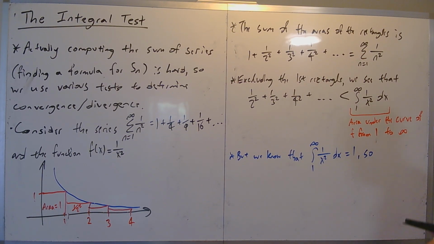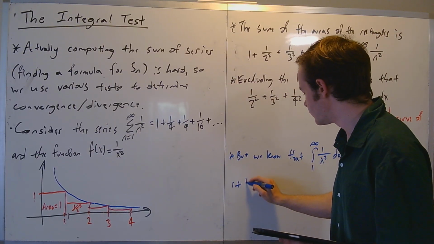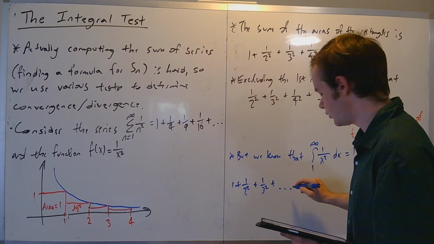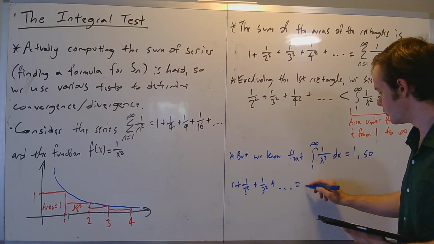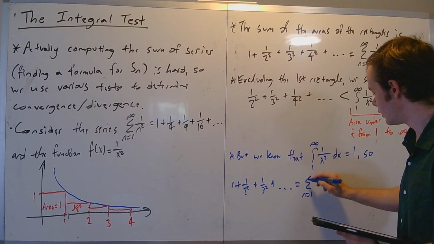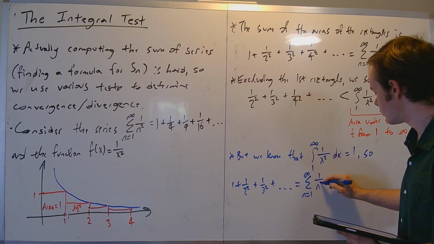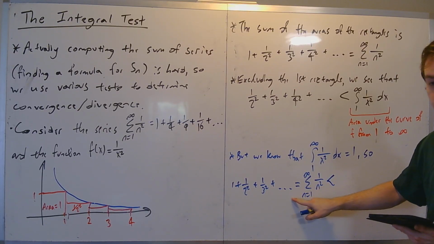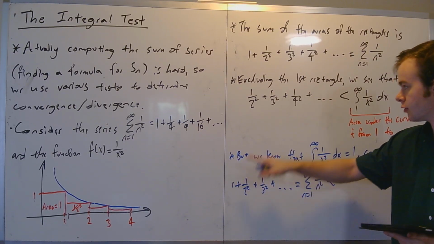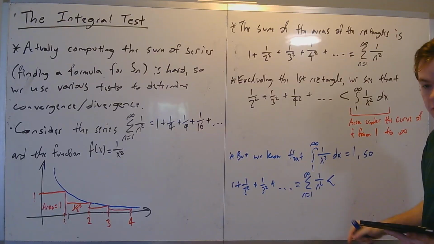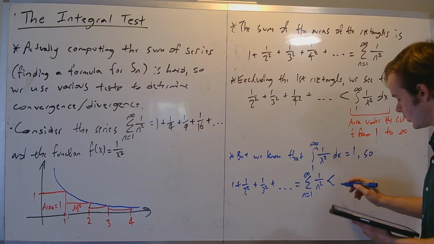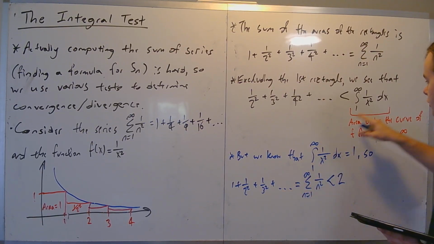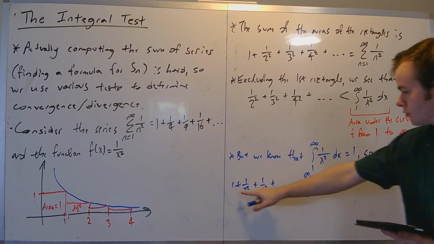So if we add together 1 plus 1 over 2 squared plus 1 over 3 squared plus and so on, then this is the sum that we were looking for from n equals 1 to infinity of 1 over n squared. We know that this part of the sum is less than the integral, which is 1, and this first part is just 1.